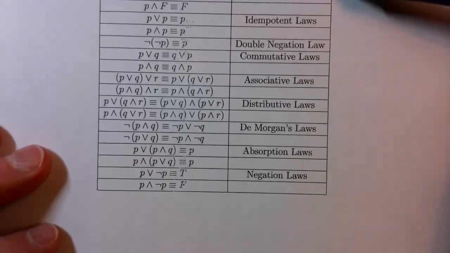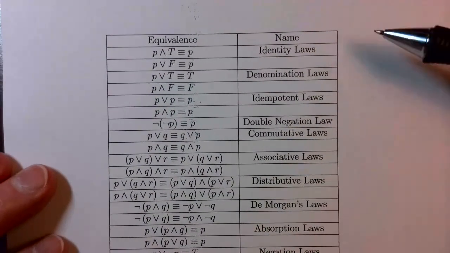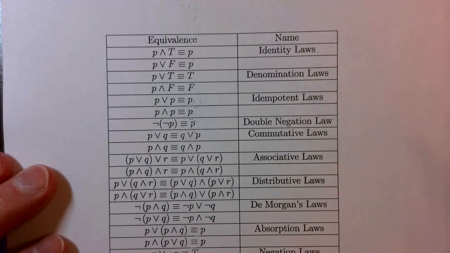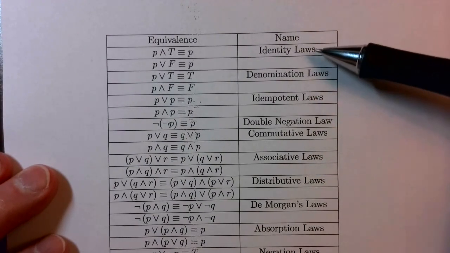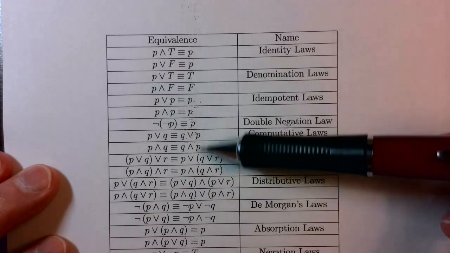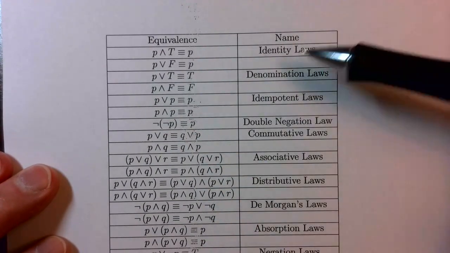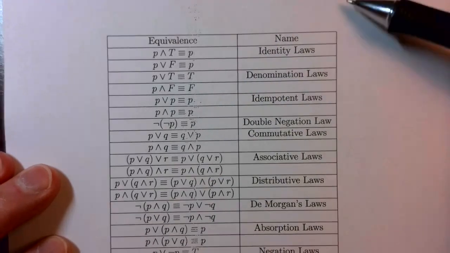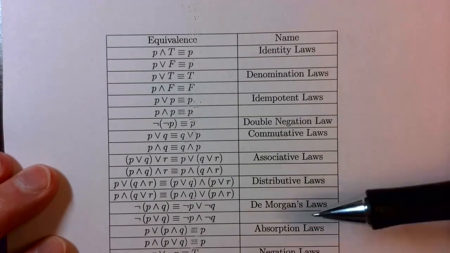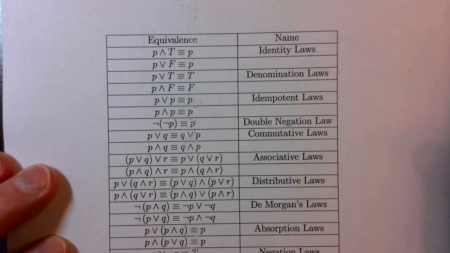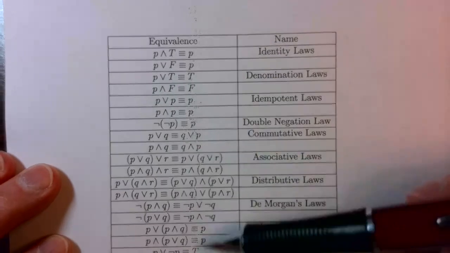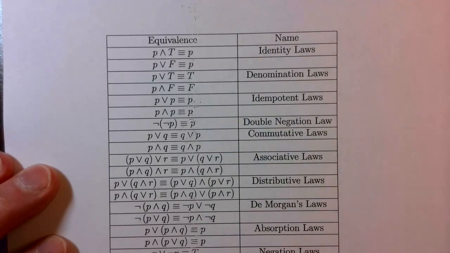And these are the laws that are given in the book. They can be proved the same way. So we assume that we have already proved them and we can use them. But everybody should be able to prove any one of these given laws.